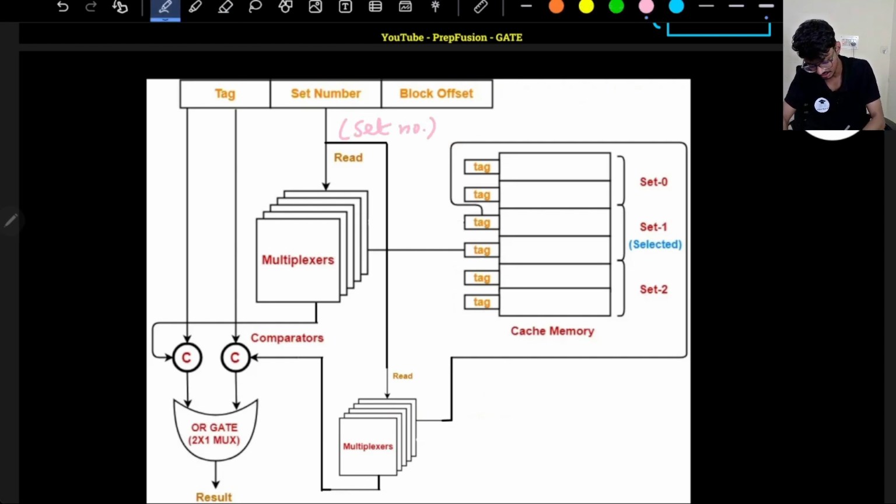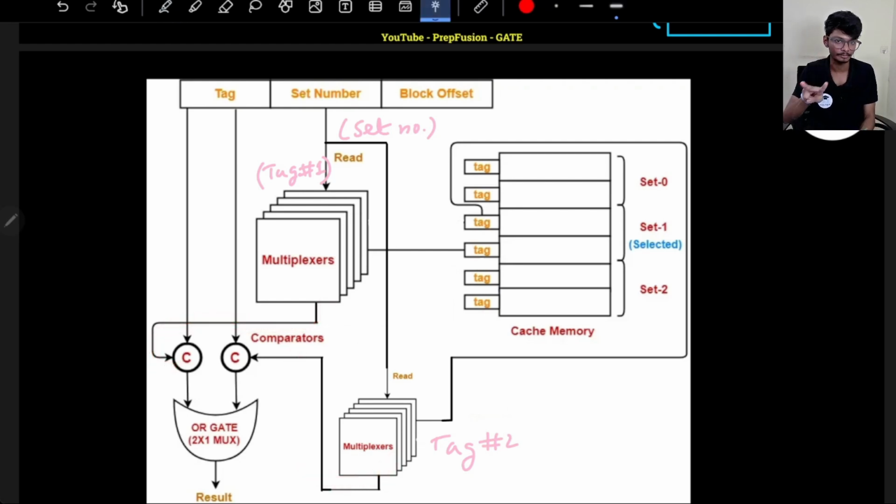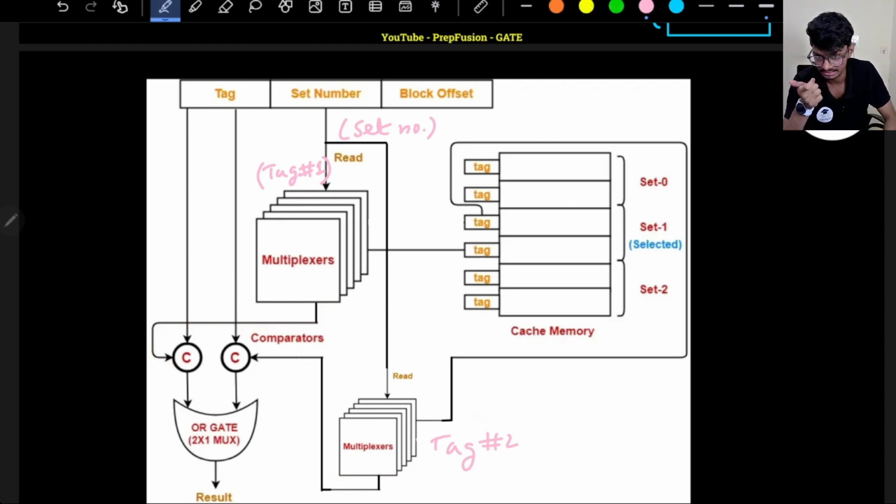Let's say this will select the tag number 1 of that particular set, and this mux will select the tag number 2 of that particular set, because each set has two blocks. So I have to select both the tags, and ultimately the output of the mux will come here, in two different comparators. Because remember, I had to compare both the tags.